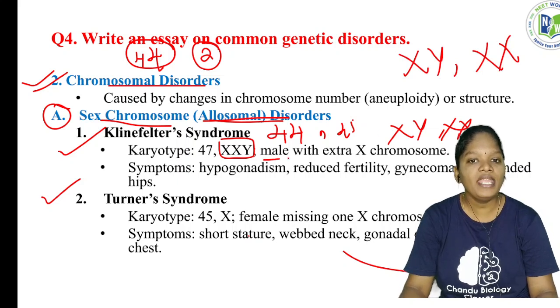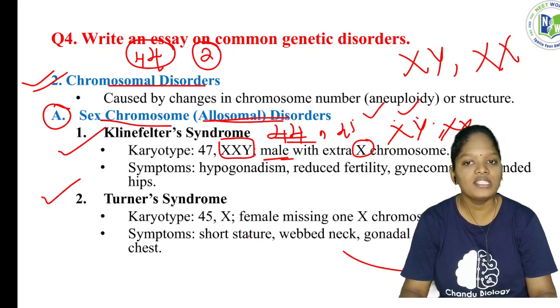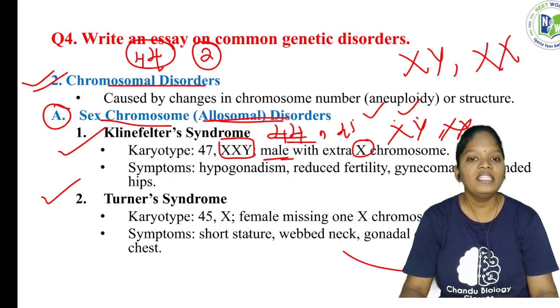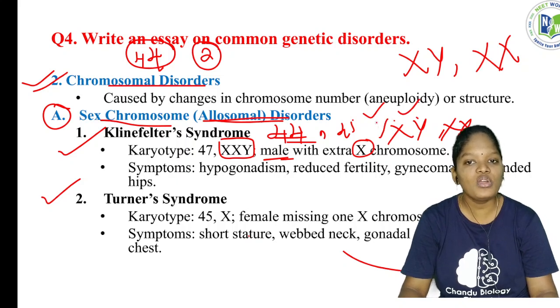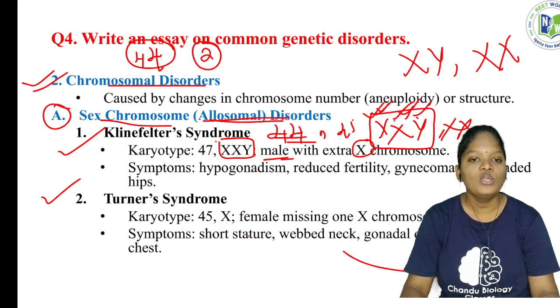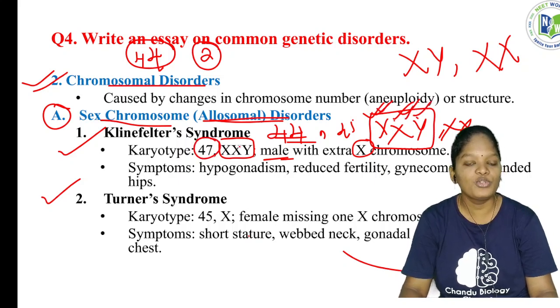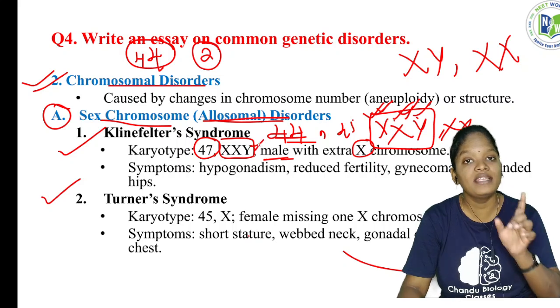The male has one extra X chromosome, so the normal 46 becomes 47 in total, and the sex chromosomes here are XXY.